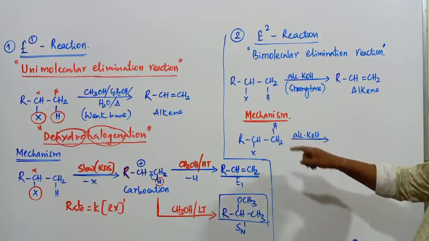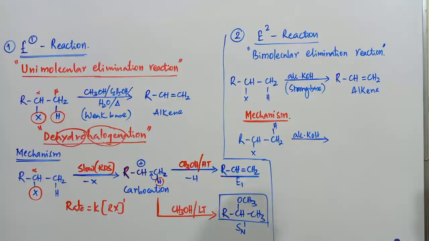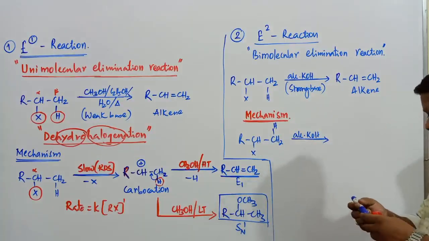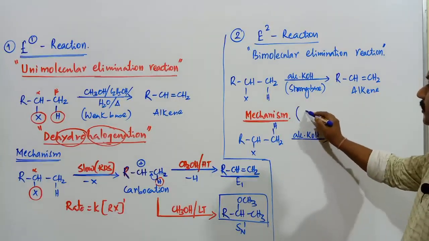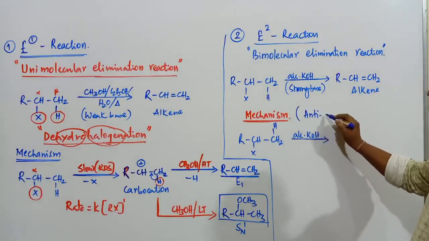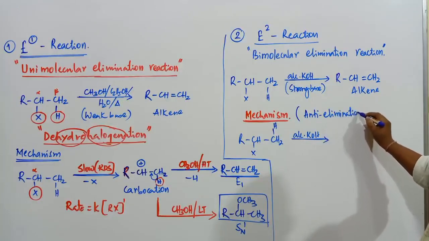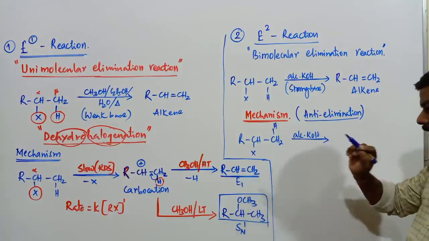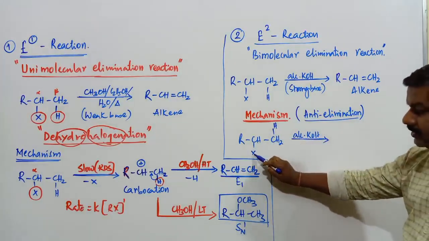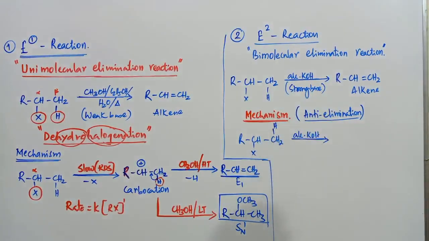When this proton is going to be separated from this molecule, when it is going to be eliminated, one of the properties of this E2 mechanism is that it takes place with anti-elimination. What is the meaning of anti-elimination? Anti-elimination refers to elimination of hydrogen as well as halogen taking place when they are in opposite directions.